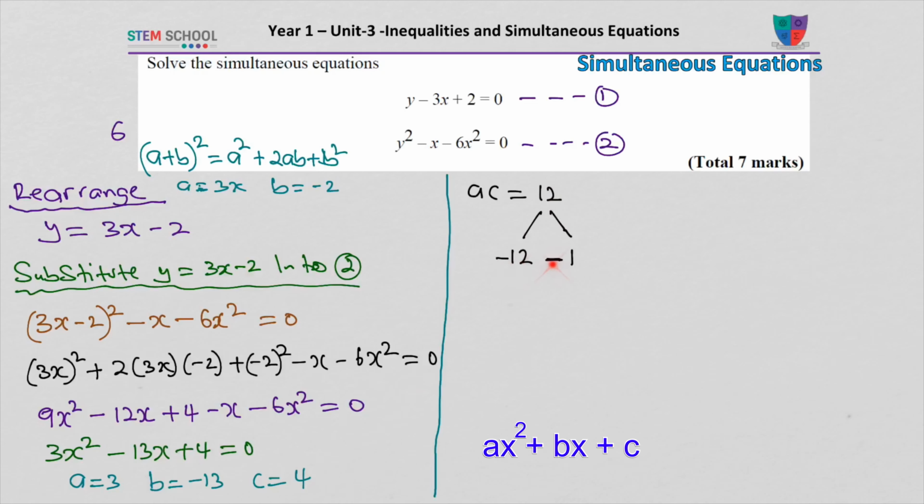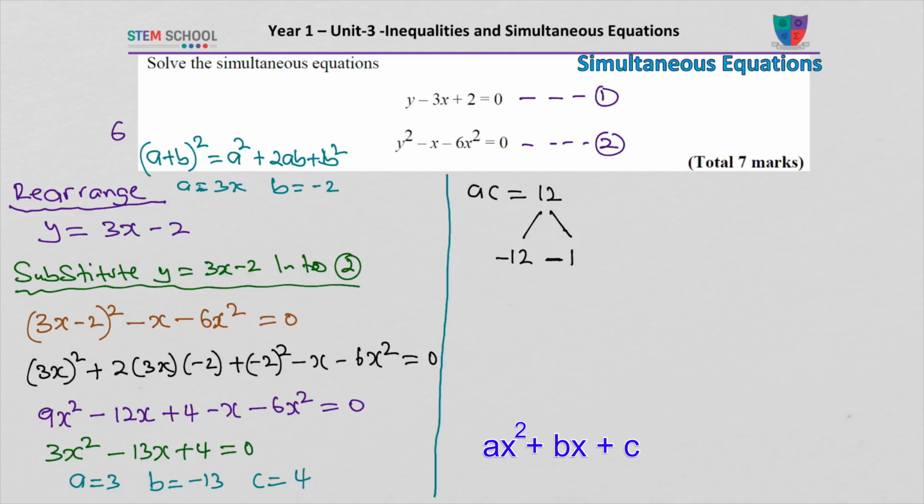I need two numbers I can multiply together to get 12. So minus 12 times minus 1 is plus 12, so that's good. I also need the same two numbers to add together to get minus 13. So minus 12 minus 1 is minus 13. So the two numbers I'm looking for are minus 12 and minus 1.